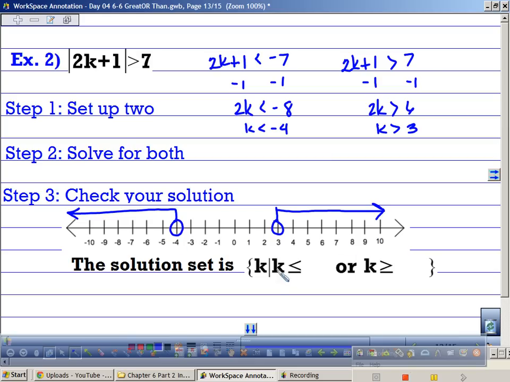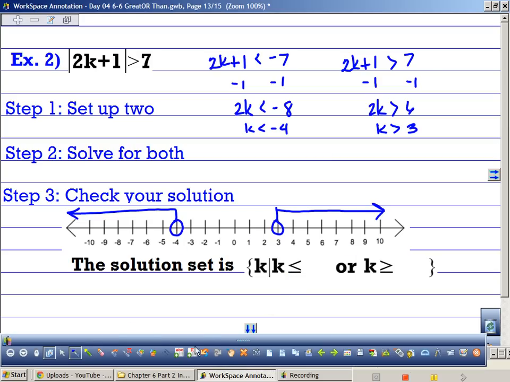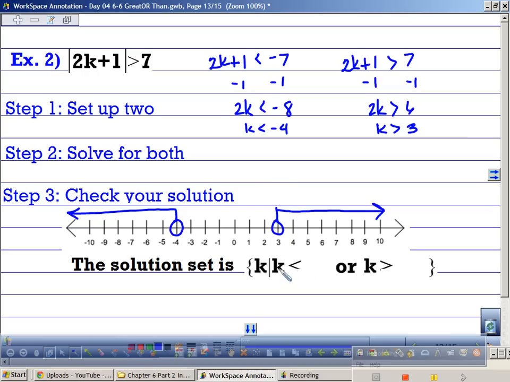Those are our solutions. K has to be, oh shoot, look, I have less than or equal to there, and that is not right. So let's just fix that. All righty, so k is less than -4, or k is greater than 3, are our two solutions.